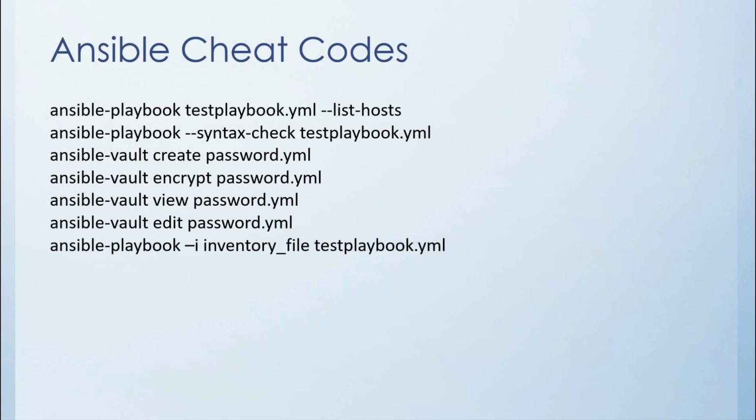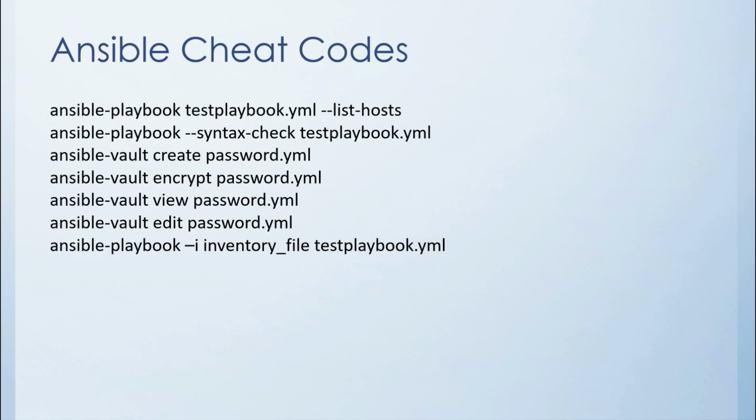It will get the information of the hosts and list them for you in the first command. In the second command, it will check the syntax. In the third command, we already learned in the previous video about Ansible how to create a password.yml, how to encrypt a password.yml, how to view a credential file, and how to edit a password file.